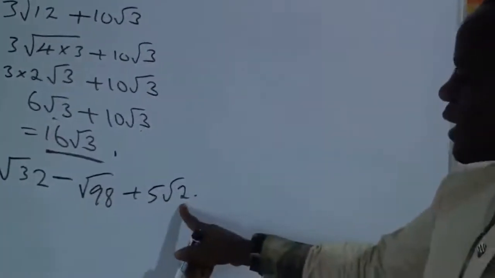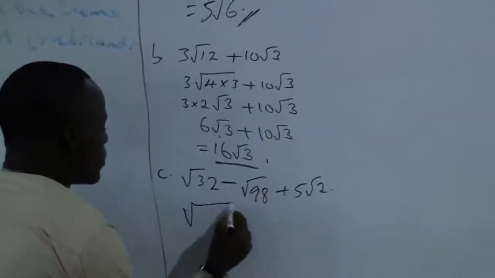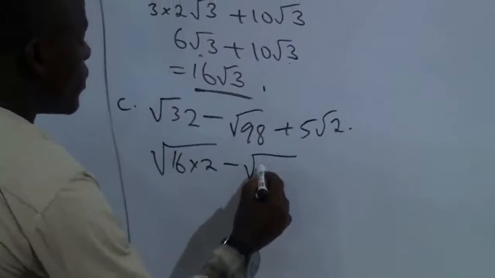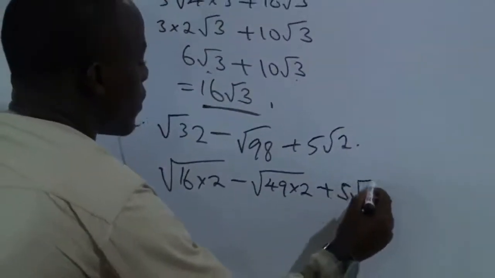And this one is already in basic form, so we don't have a problem here. So we'll just express this as square root of 16 times 2 minus square root of 49 times 2 plus 5 root 2.